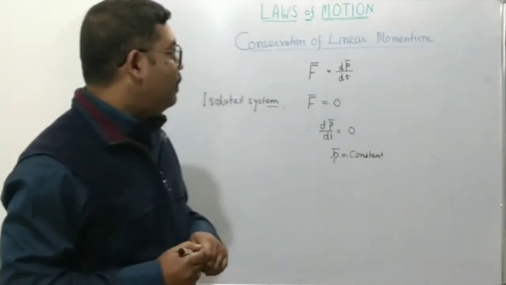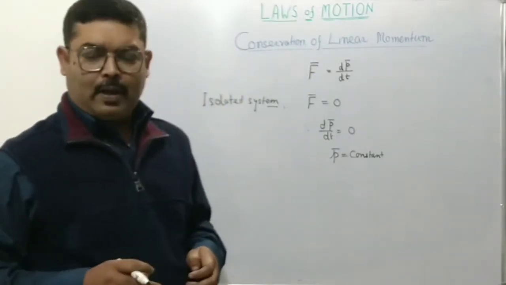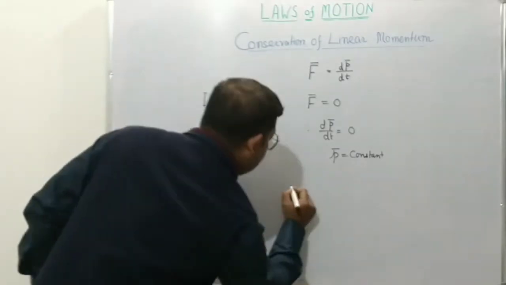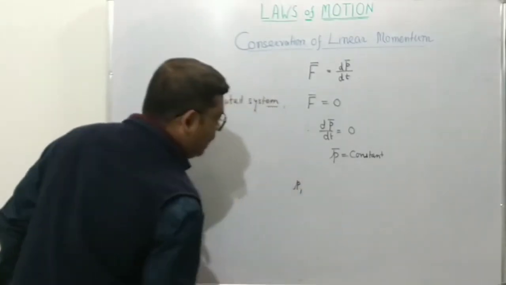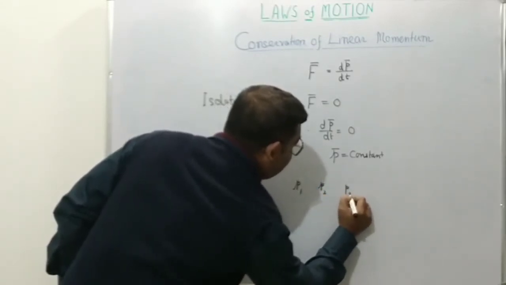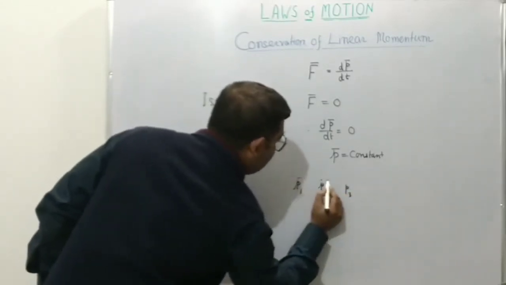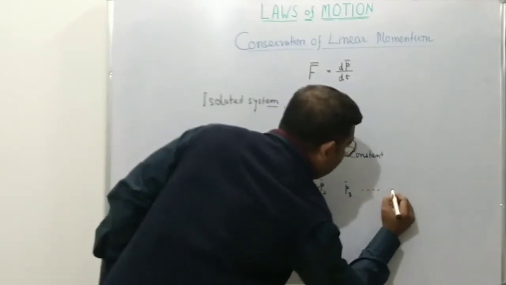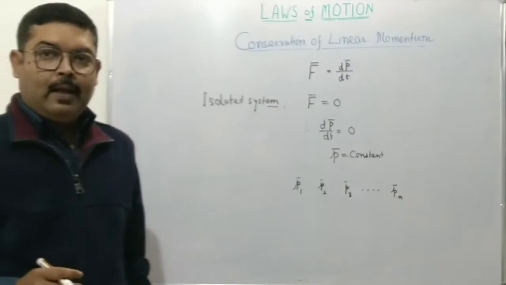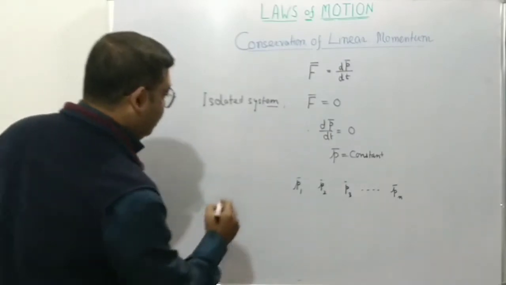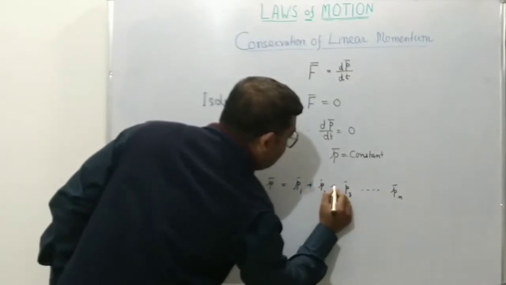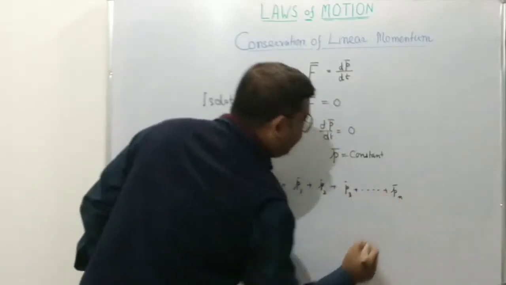So if we have a system of n number of particles having momenta, say P1 for the first particle, P2 for the second particle, P3 for the third particle, all vectors, and so on, and Pn for the nth particle, in that case the net momentum P is simply the sum of these momenta.